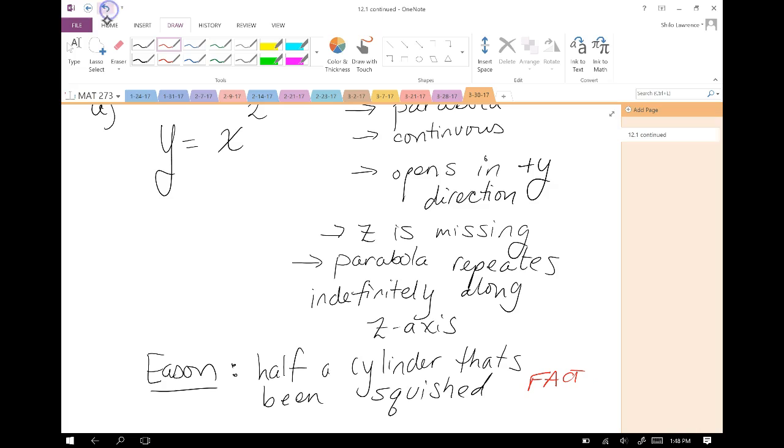When we draw it, it's going to look like half a cylinder that's been squished, but technically a parabola goes forever in the y direction, and this thing's also going to go forever in the z direction. We can't draw forever, so we're going to have to stop it.